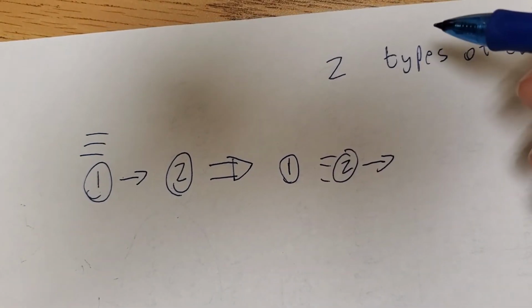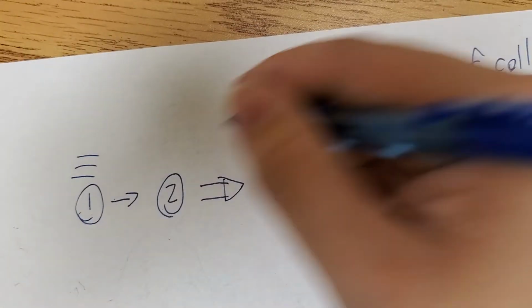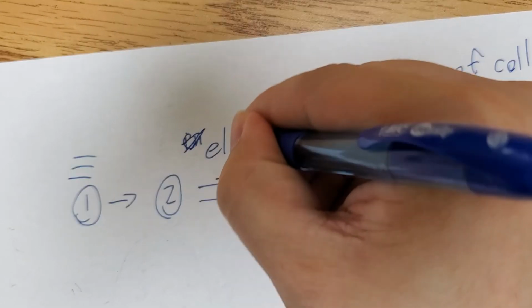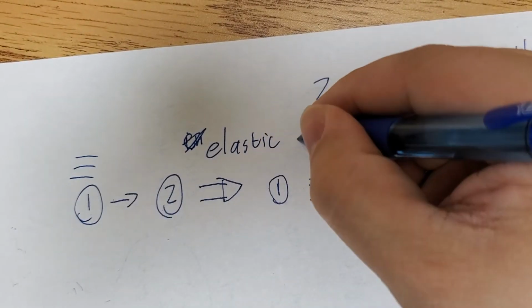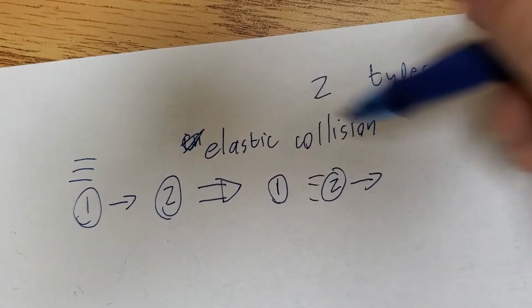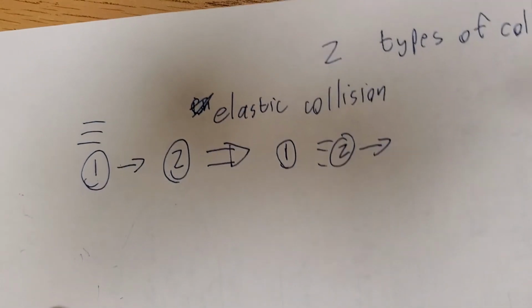Okay, this would be similar to what you might see happen a lot of times at a pool table or something. This is called an elastic collision. When they don't move together. See, one hits and then the other one goes. This is considered an elastic collision.